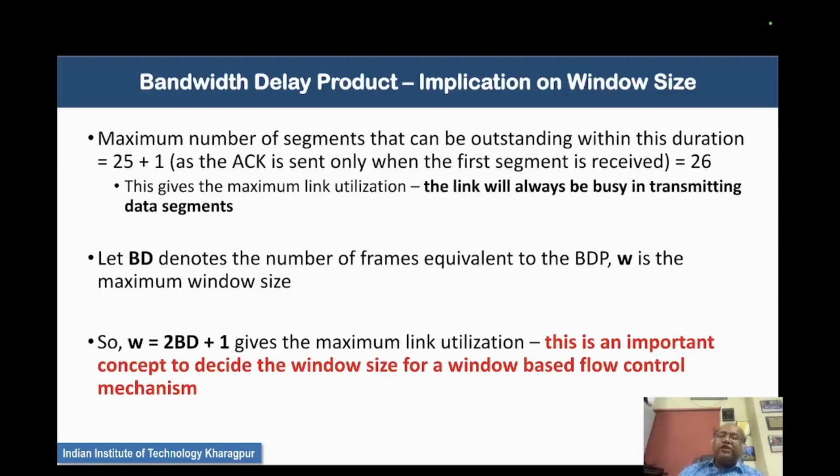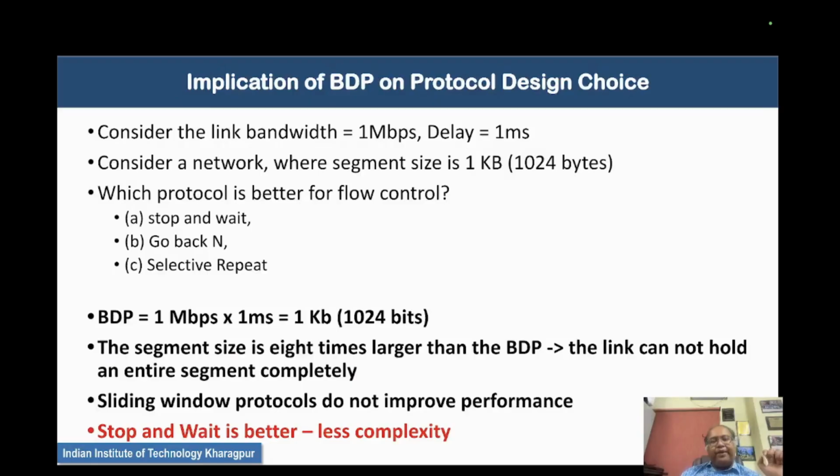The link will always be busy transmitting data segments if you have that many segments outstanding in your window. So in mathematical terms, if BD denotes the number of frames equivalent to BDP, and W is your maximum window size, then W will be equal to 2BD plus 1, which gives you the maximum link utilization. This is an important concept to decide the window size of a typical window-based flow control mechanism.